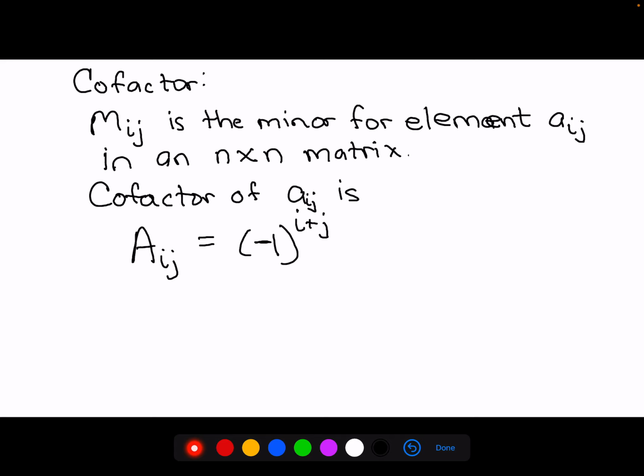And if you just remember that it alternates, you can always think about that little array with the plus minus that I wrote down a few minutes ago. Or you can look at the location and just raise -1 to that power of i plus j. So like if it's in row 2, column 3, 2 plus 3 is 5. -1 to the 5th power is -1. So the sign's negative. And then you apply that sign to the minor, and now you have the cofactor.